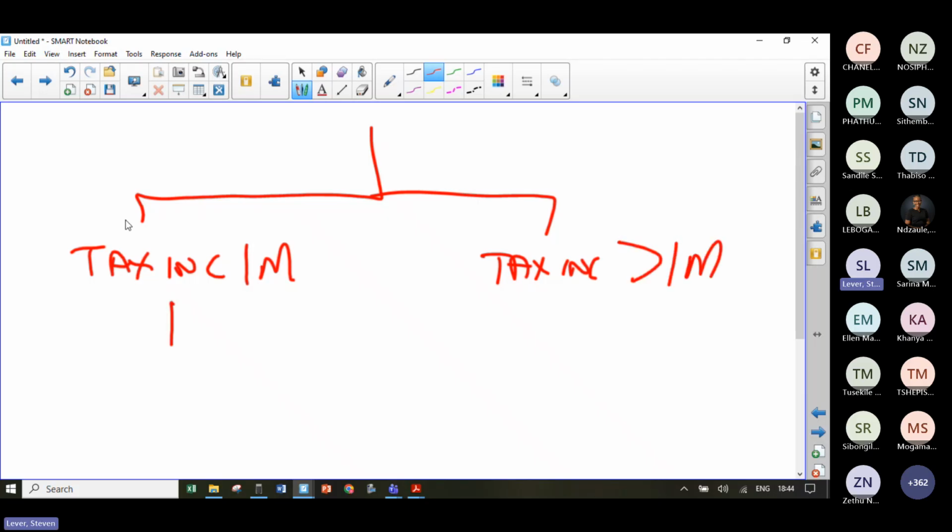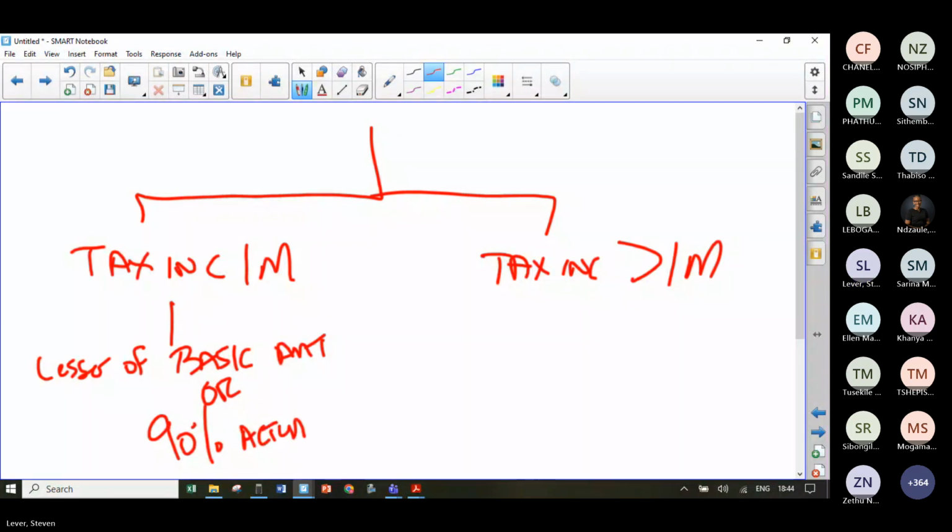Okay, to avoid penalties, if it is less than 1 million, you can use the lesser of basic amount or 90% of actual. If your taxable income is more than 1 million, you can avoid penalties if it is greater than 80% of actual.